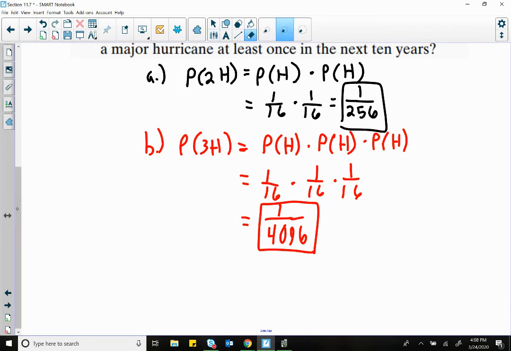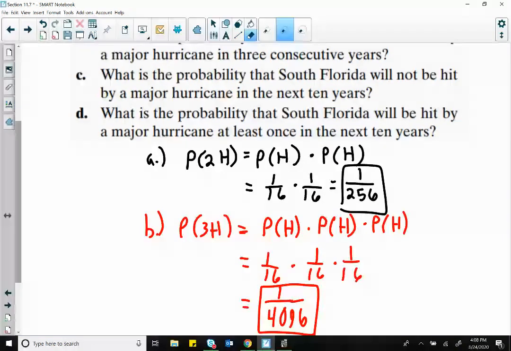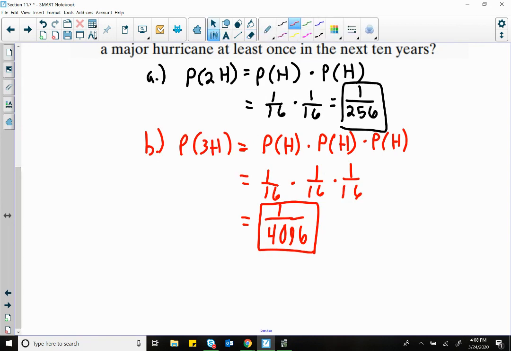Okay. Now, part C says, what is the probability that South Florida will not be hit by a major hurricane? So this is going back into 11.6. And 11.6, remember I talked about probability of something not happening. And the probability of a hurricane not happening is equal to 1 minus the probability of a hurricane actually happening.